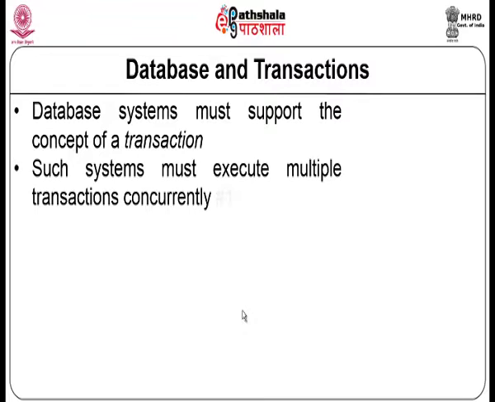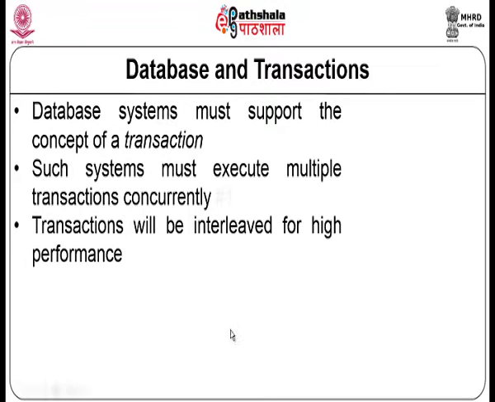When it comes in the form of transactions, they have to support multiple such transactions, because each of these transactions, as we have seen in an earlier module, is atomic and has certain properties, and to follow these properties things take very small steps, and unless we support multiple such transactions, the database cannot run efficiently.